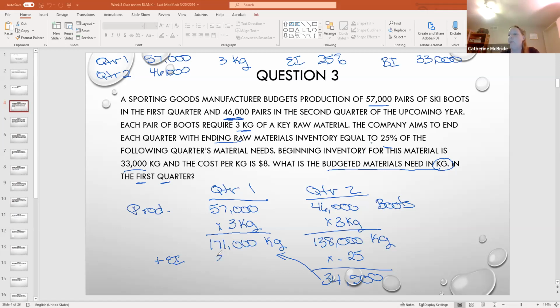Plus, we want to end up with 34,500 kilograms left over so that we start quarter two with the 34,500 kilograms. We already have 33,000 in beginning inventory, so we don't need to buy that because we have it. So we need for quarter one 172,500 kilograms.